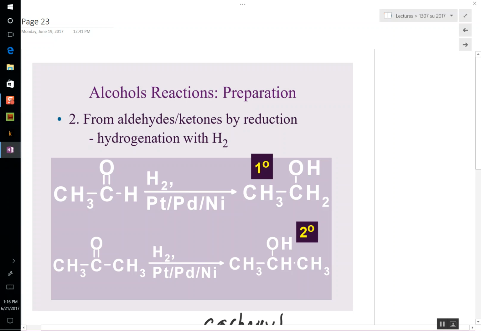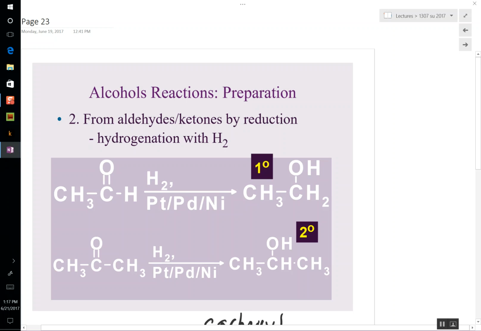Now here is a molecule you'll get real familiar with in chapter 13, acetone. That one was acetaldehyde. This is acetone. It's a ketone. You can kind of hear it in the name: acetone, ketone. It's got the carbon-oxygen double bond right in the middle. This is only 3 carbons long, and it's not on either end. We're going to put a hydrogen right there and another hydrogen right here.